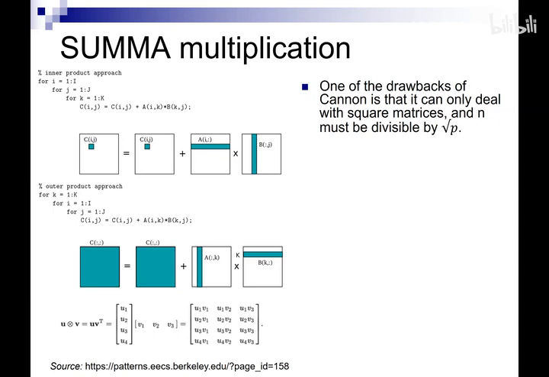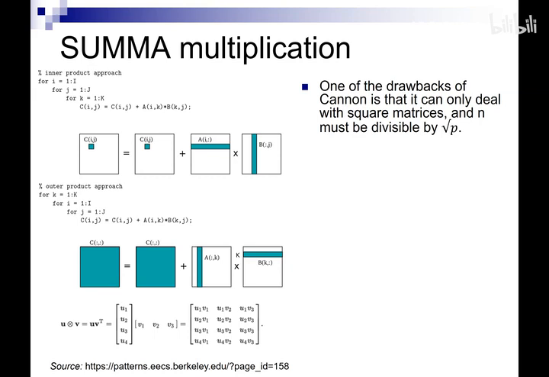I don't know if there's a version of Cannon's algorithm where the matrices are not square. It's because Cannon's algorithm is very much based on matching up the corresponding parts of A and B. You can do this when the matrices are square, but it's hard to do this when they're not square.